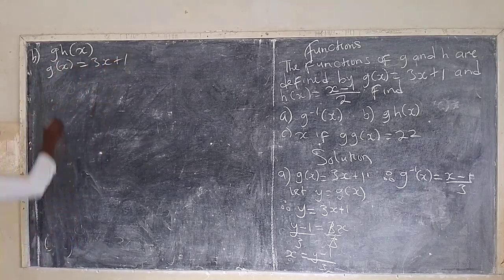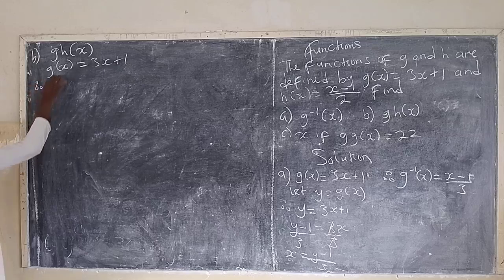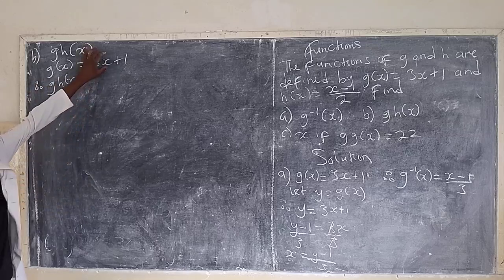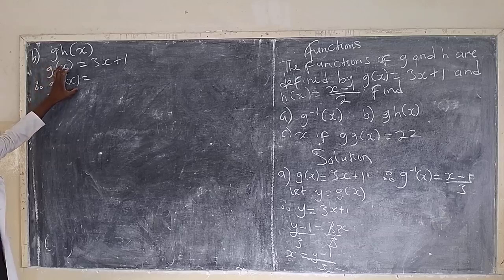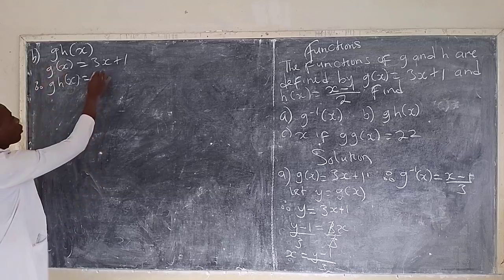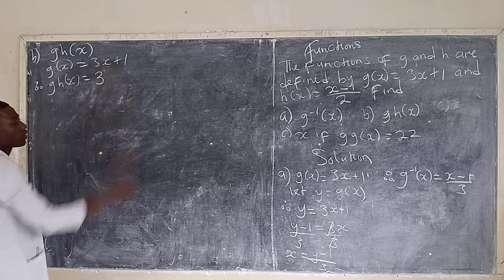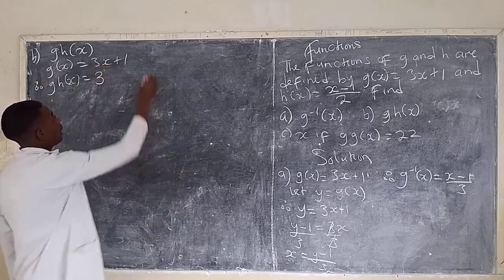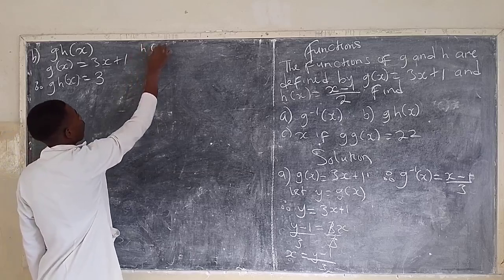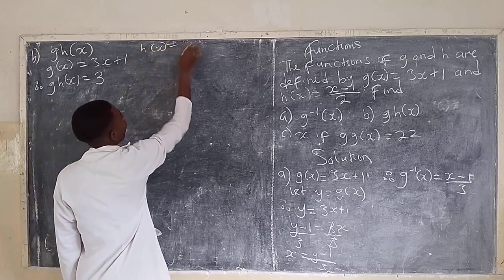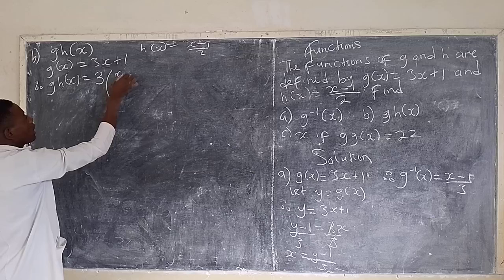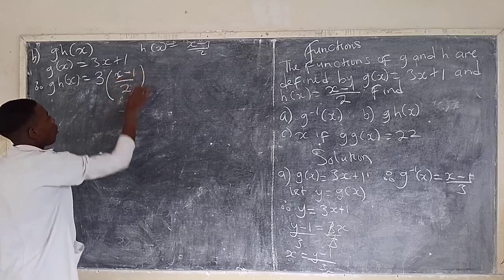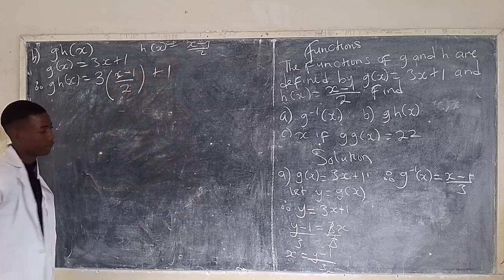Then you say, therefore gh of x equals, where there is x in the function of g, you put h of x. That's the meaning. So we put 3, and where there is x, we put the function h of x, which is x minus 1 over 2. So we put 3 times x minus 1 over 2, then plus 1.